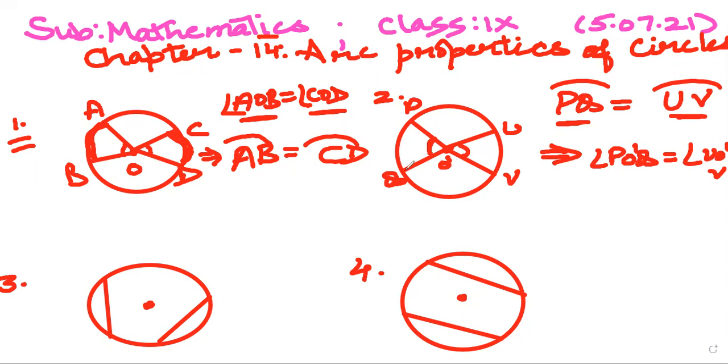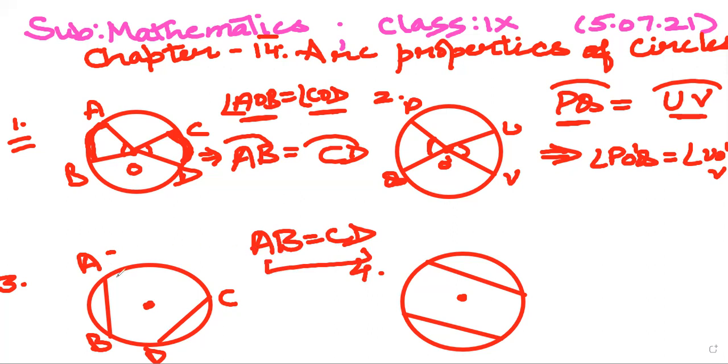I hope, children, you are clear with this. Now let's move on to our third one. Let's name it. I have given you two chords, chord AB and CD. Now, children, if in a circle two chords are equal, suppose AB is equal to CD, then equal chords cut off equal arcs. So arc AB is equal to arc CD.